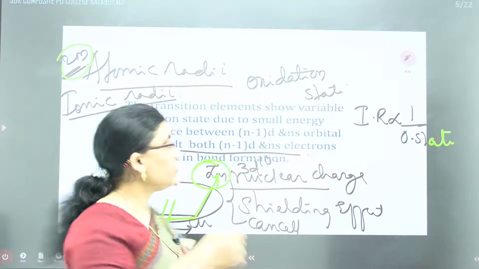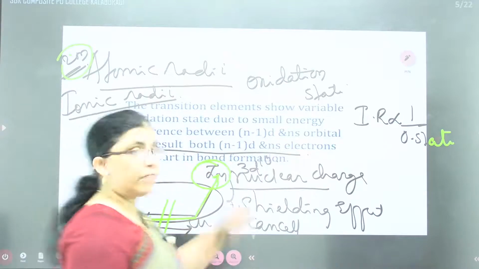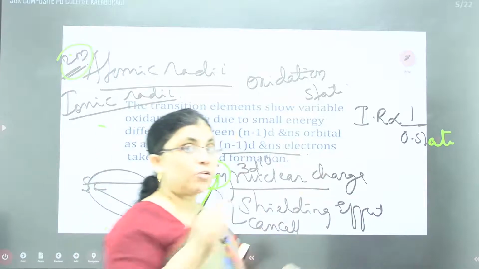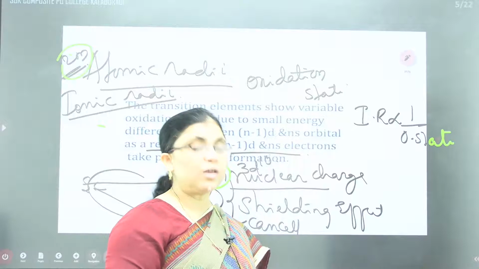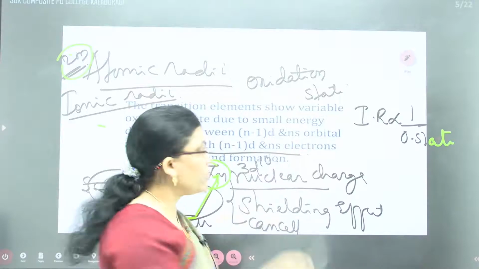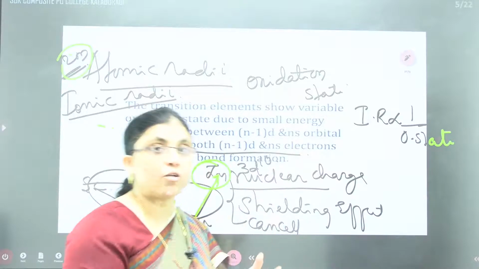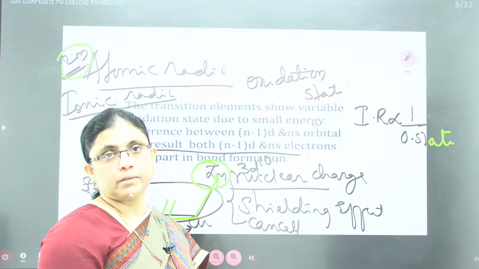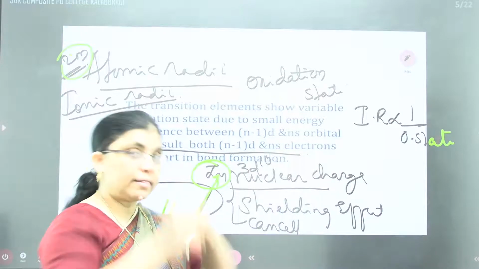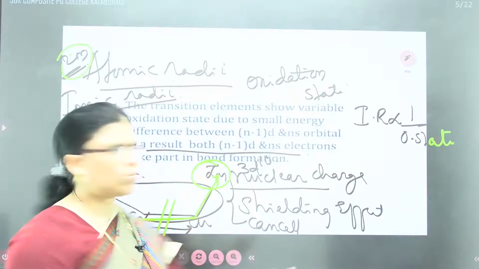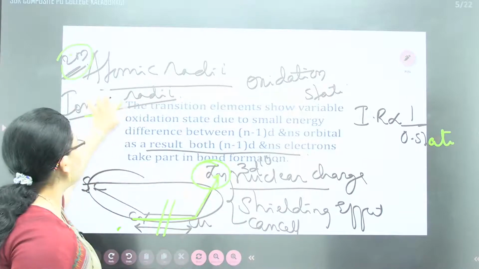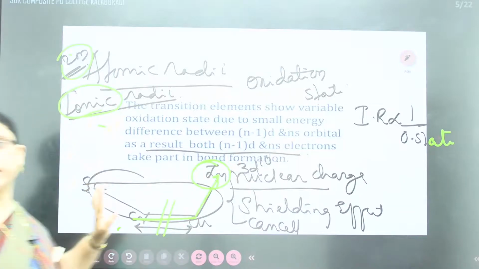Because the oxidation state increases, and always the oxidation state increases in the case of oxidation, and that species will act as a reducing agent. A similar concept you can write with respect to ionic radii.